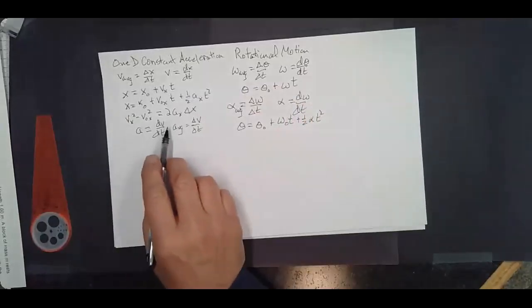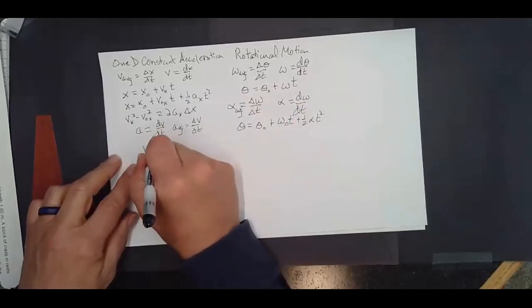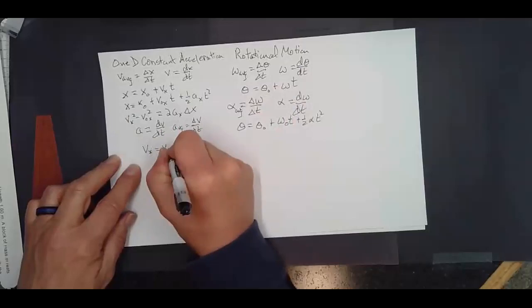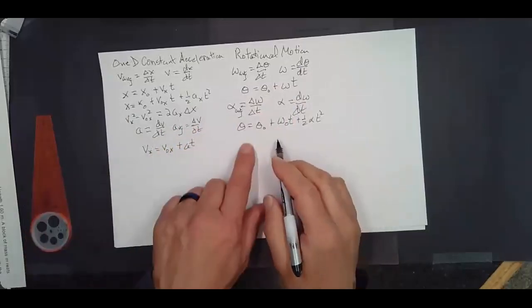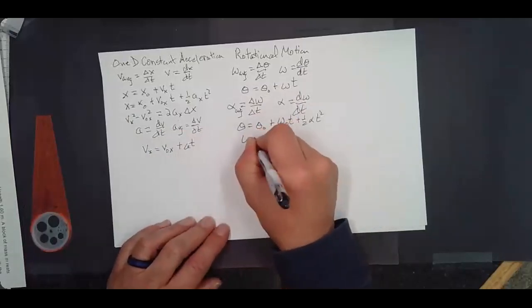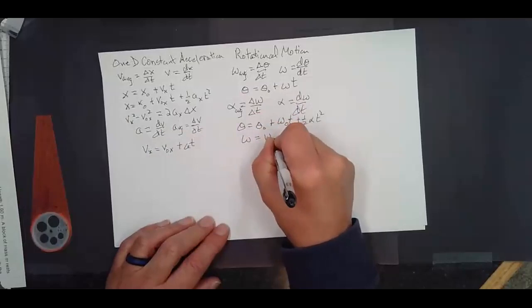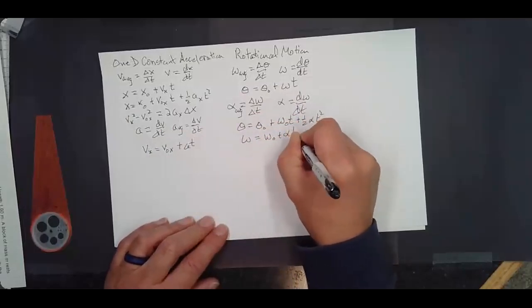Oh, I forgot to give you another equation here, and that is that v sub x is going to be v naught x plus at. I can do something like that here too as well. I can say omega is going to equal omega naught plus alpha t.